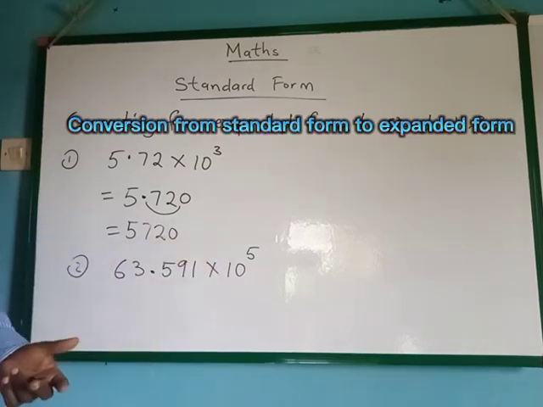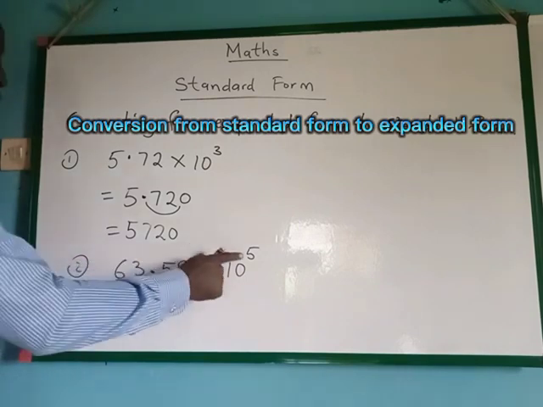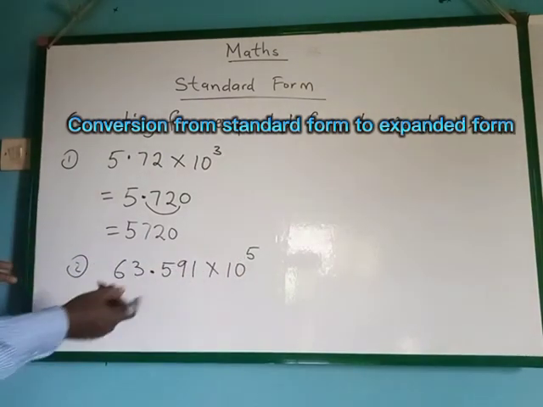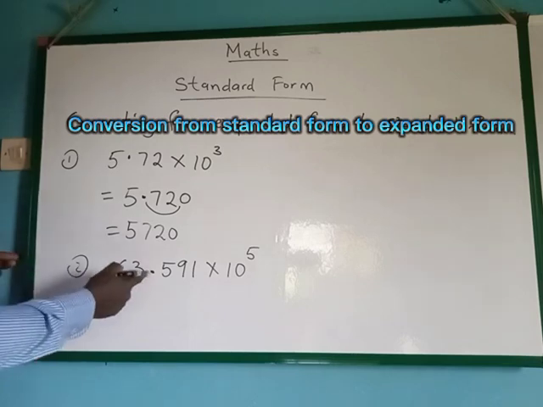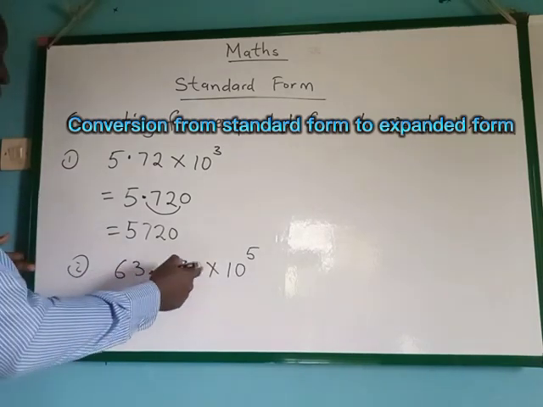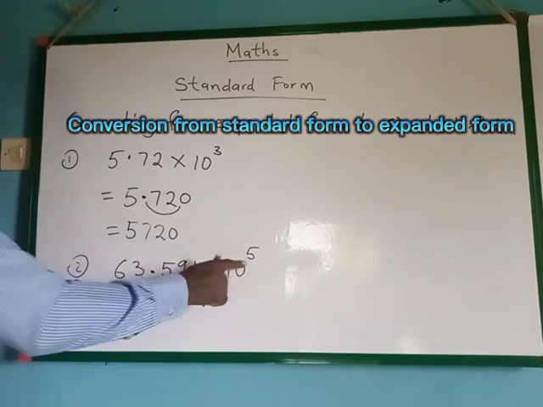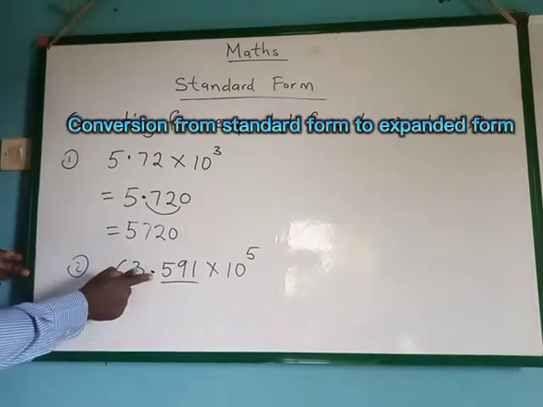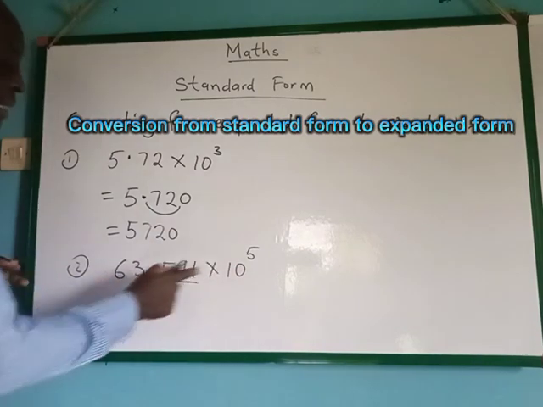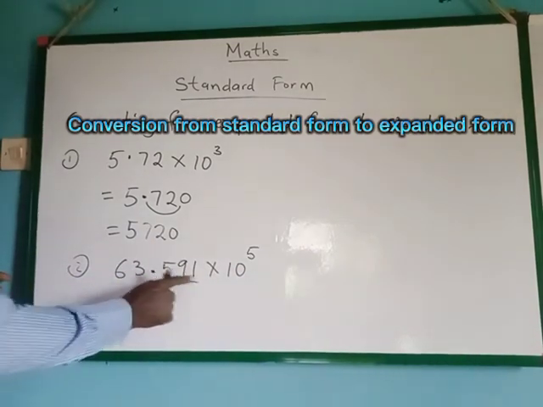Very simple. Having a positive power means that the decimal point moves to the right. So you have to add the remaining to make it 5 steps. The number of digits you have after the decimal point, since you are moving to the right, is 3. There are 3.